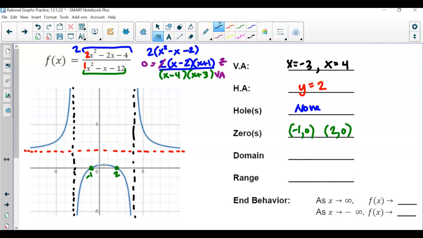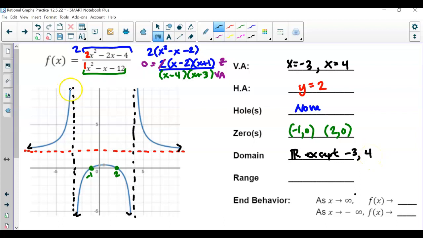So now let's go to our domain and range. Now notice how the domain is again continuing on and on, right? So it's continuing here. So we have all reals except for we do have those asymptotes again, right? So approaching but never reaching, -3 and 4.